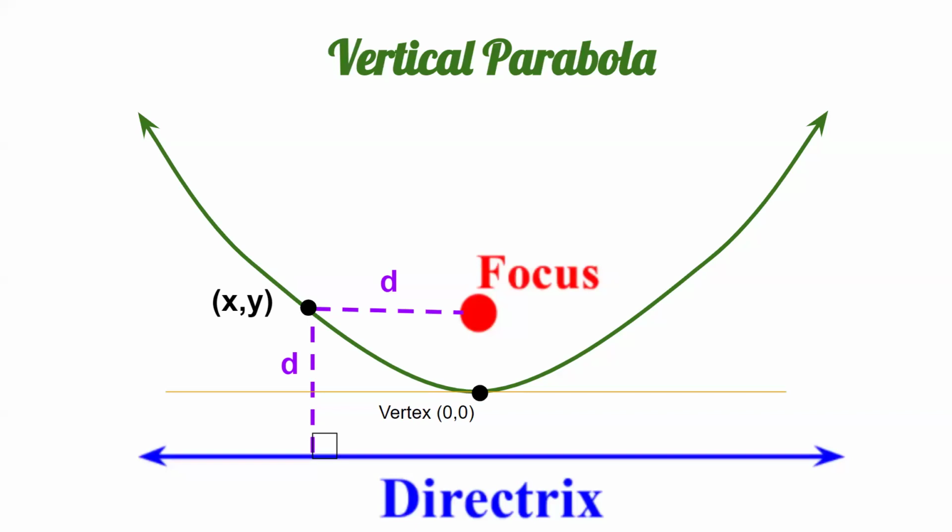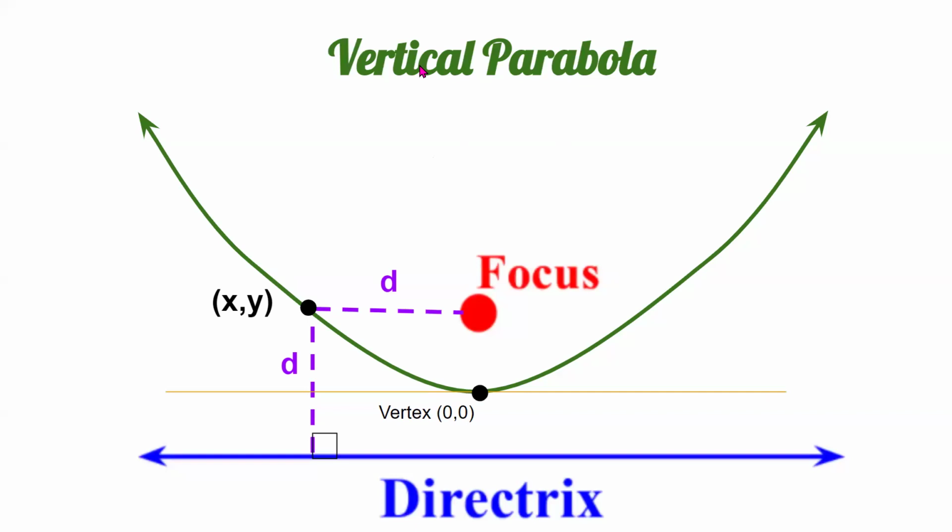So go ahead and divide it into two parts, left and right, or top and bottom, however you want to separate it. This is what a parabola that is open vertically looks like.